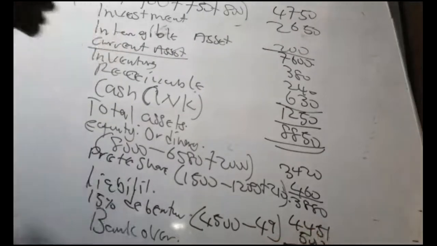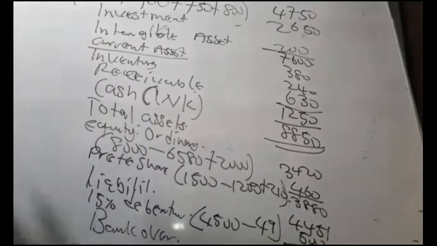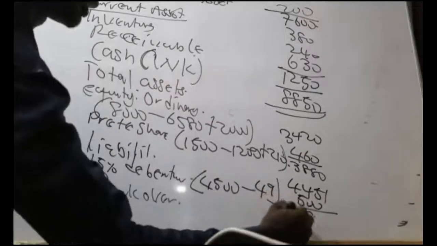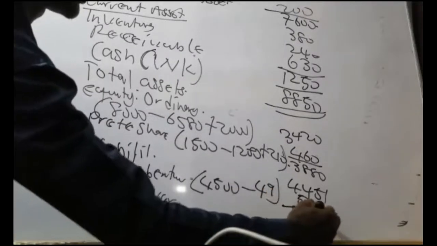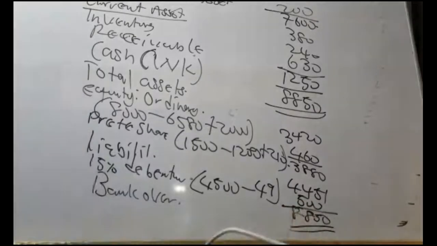Please put all this together to give you the same answer as what? 8850. If it does not give it to you, don't sleep. Search for it, okay? If there's no balance at the end, don't sleep. Can you search for it? So to give you the same answer as 8850, then you are done. Good. 8850.